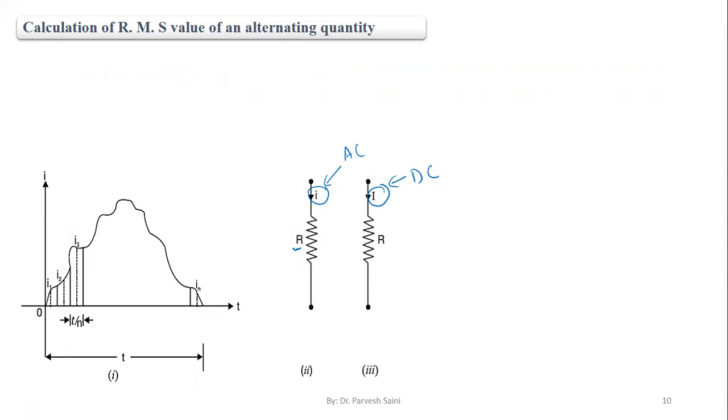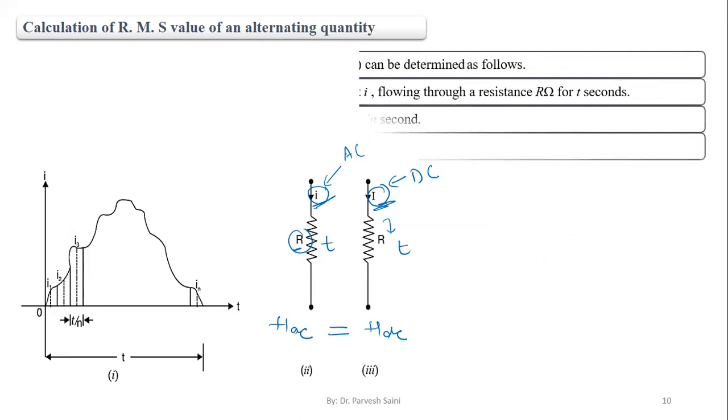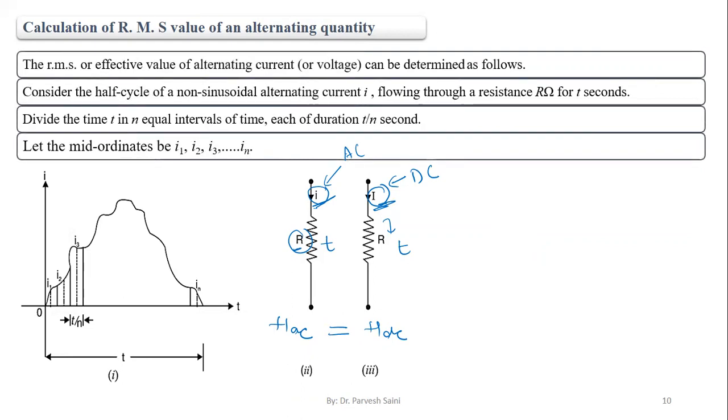When this AC current flows through this resistance R for time t, and the DC current flows through the same resistance for the same time t, they produce the same heat. So if HAC is the heat produced by the AC signal and HDC is the heat produced by the DC signal, these two are the same. This concept is used to determine the RMS value of the AC signal, right?